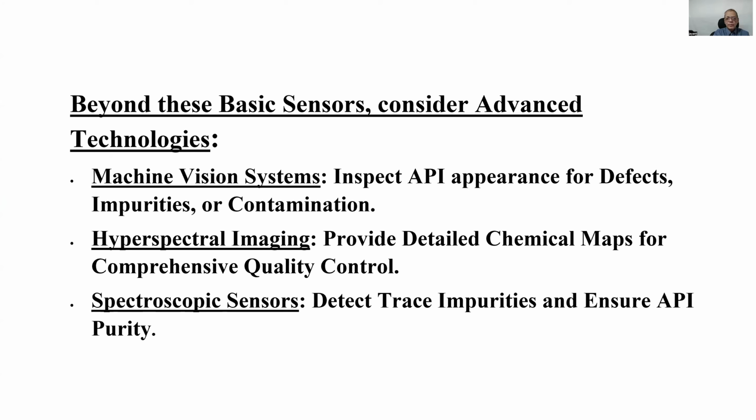Then hyperspectral imaging provides detailed chemical mapping for comprehensive quality control, and spectroscopic sensors can detect impurities and ensure API product purity.